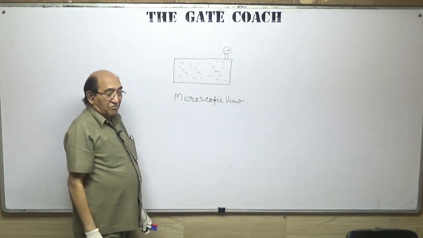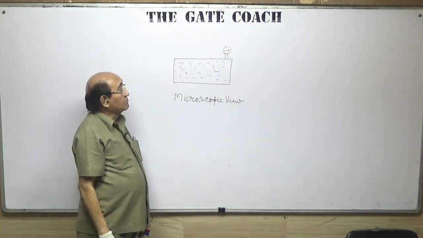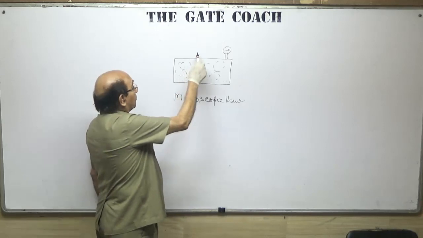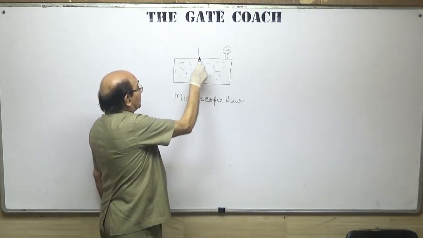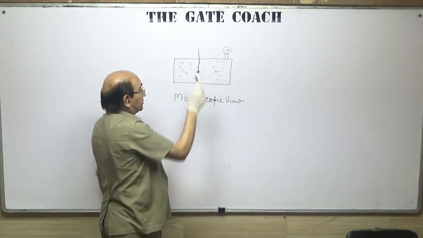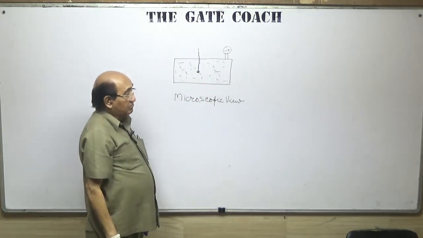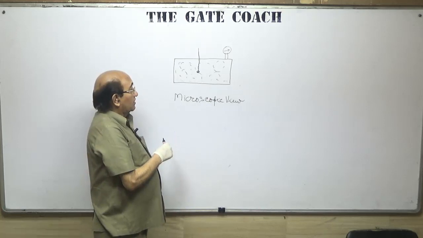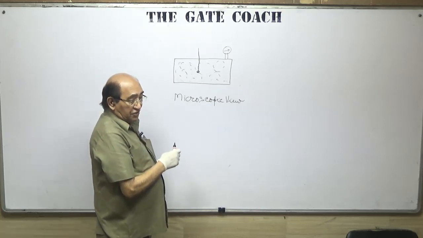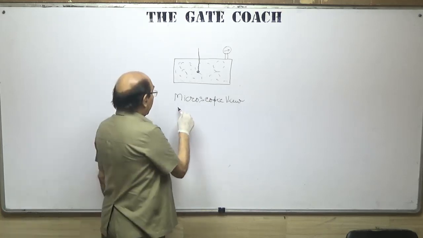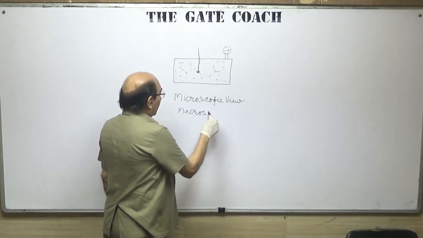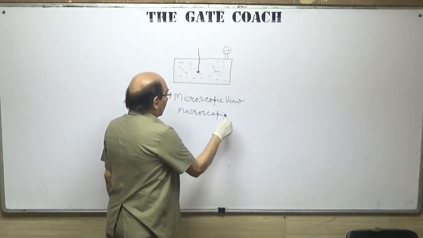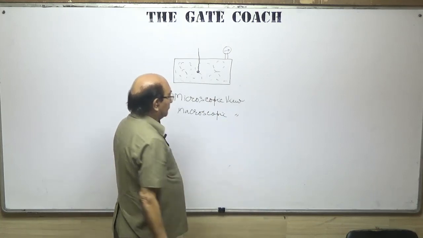I will not think about force. I am interested to talk about the temperature, I will put a thermometer and not see how all the molecules behave. This we are taking as a large scale view and shall be called the macroscopic view.